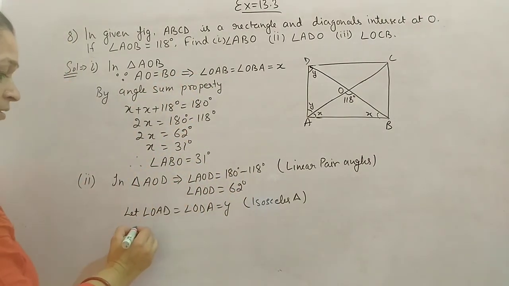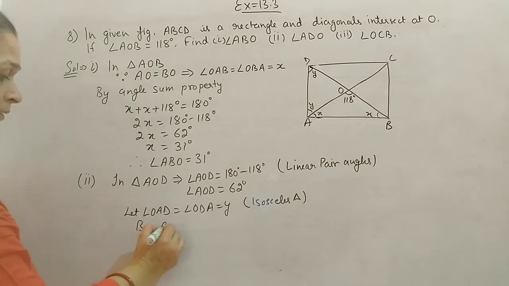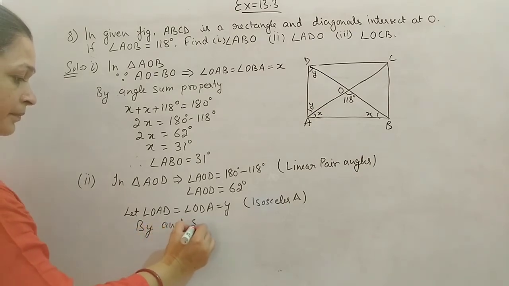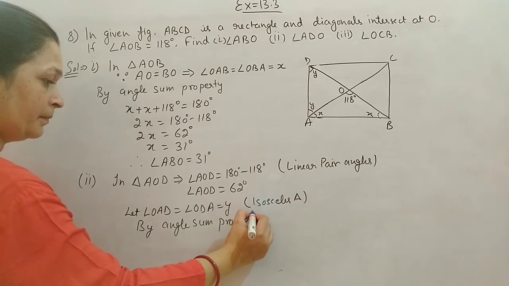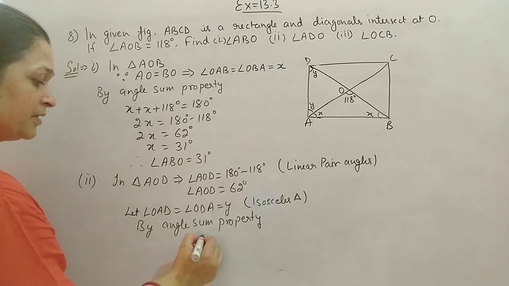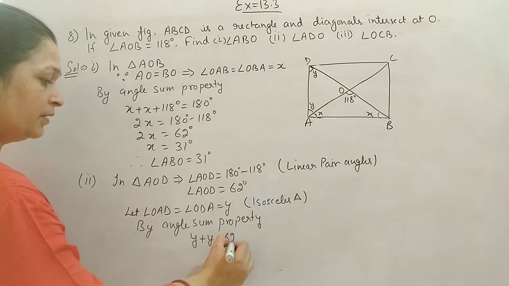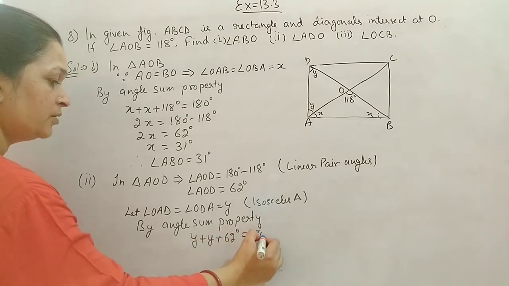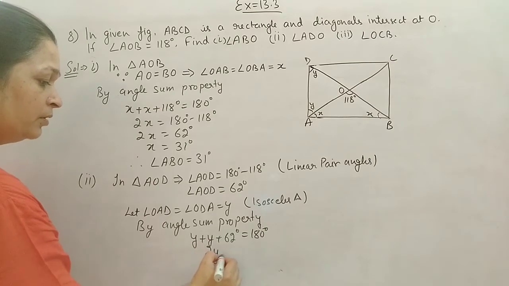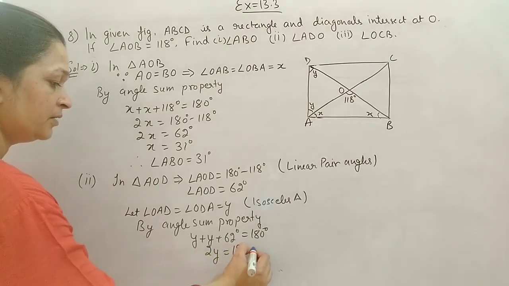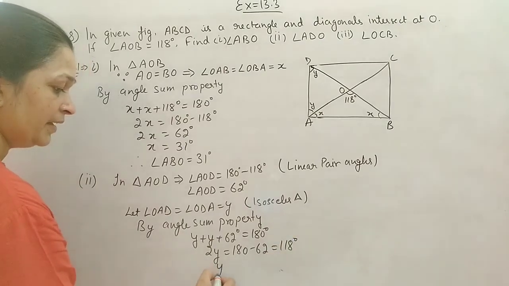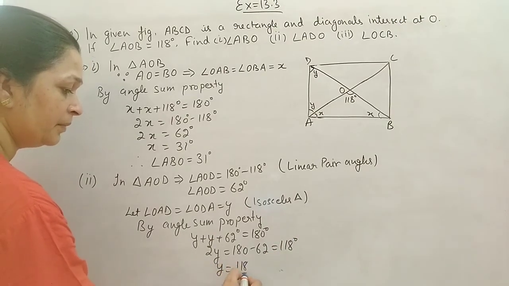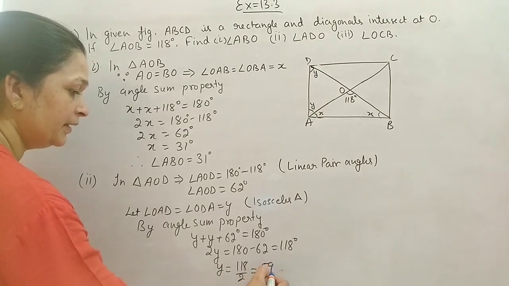And by angle sum property, y plus y plus 62 is equal to 180 degree. So 2y is equal to 180 minus 62, 118 degree. So y is equal to 118 by 2, 59 degree.